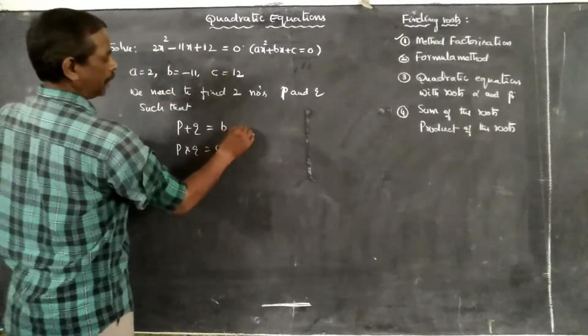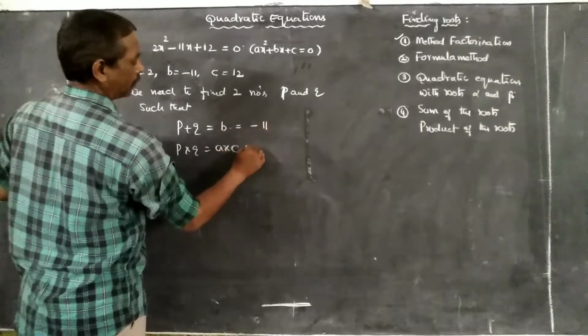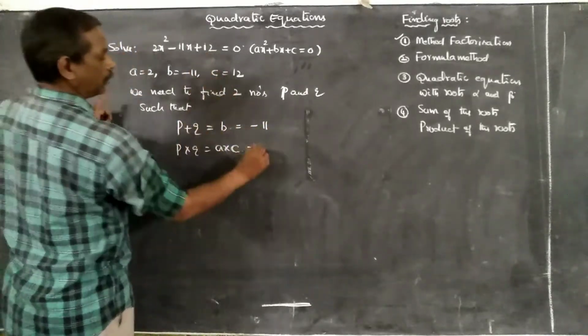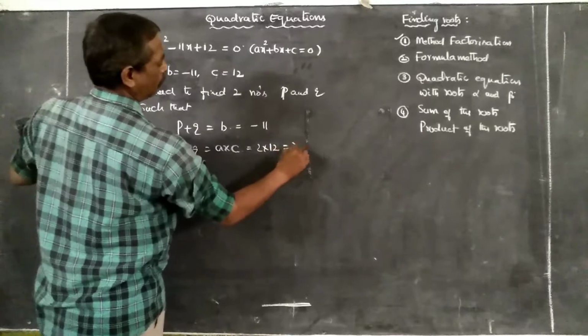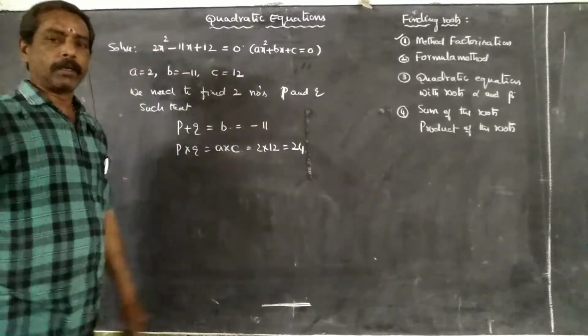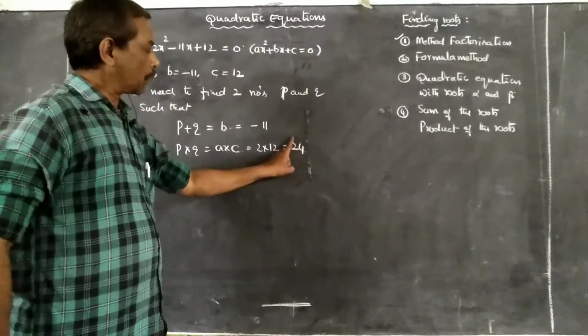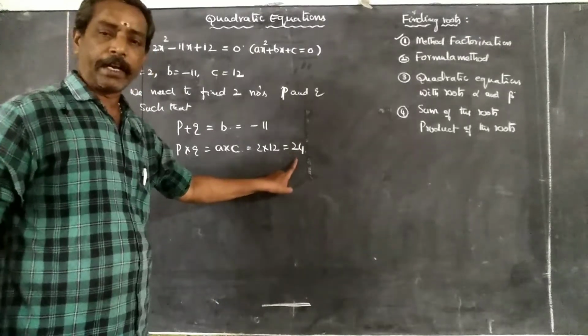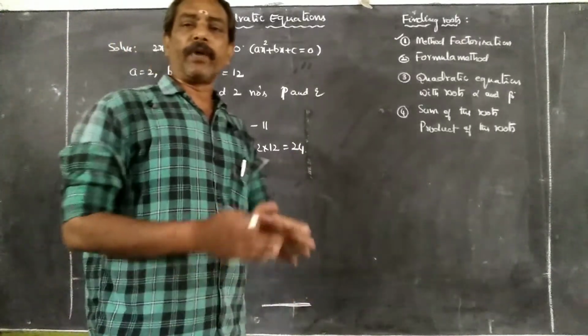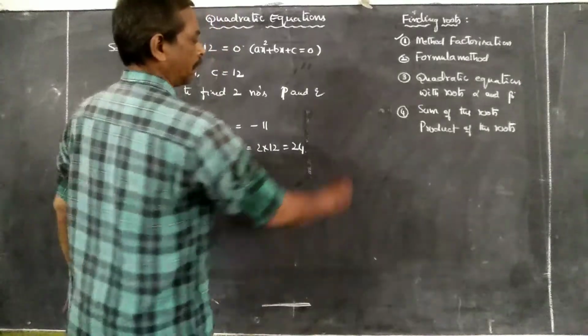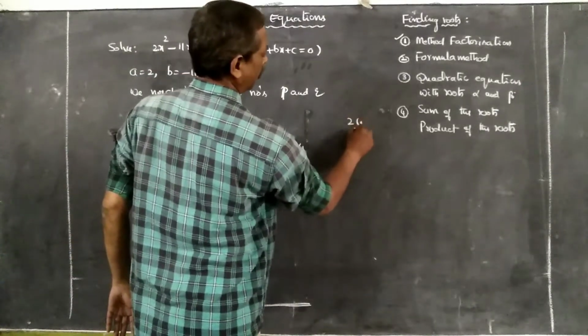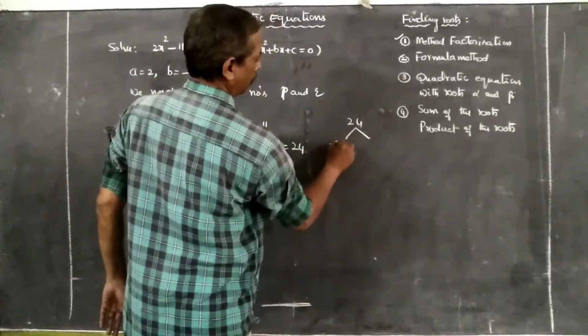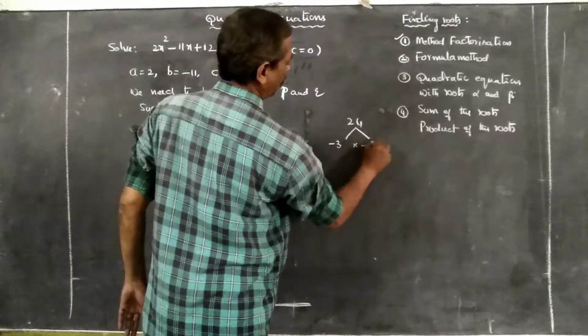So here b equals minus 11, a into c, 2 into 12 is equal to 24. Now take the product of a and c, 24, and divide 24 into two numbers. So here 24 we can write as minus 3 into minus 8.